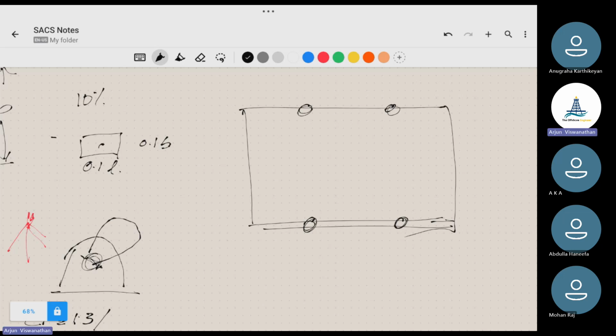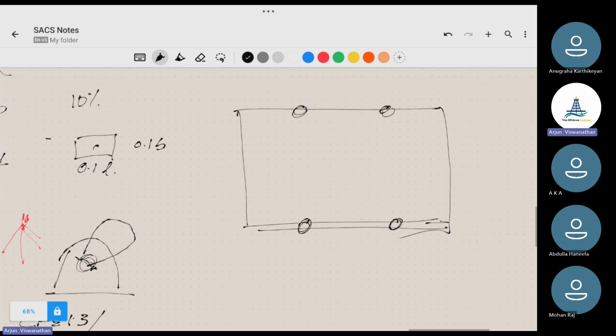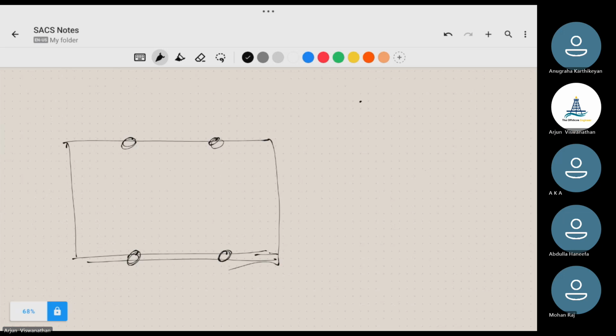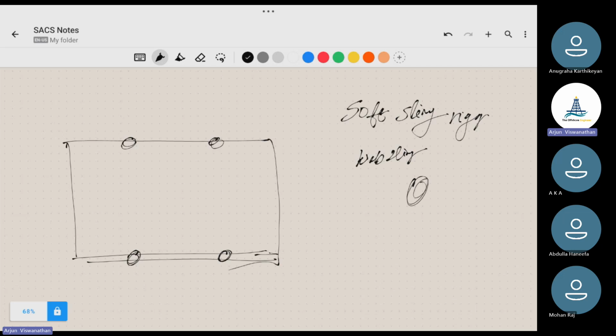Now, if I want to connect these lifting points, as you may have seen in some installation operations, they have something called soft sling rigging or web slings. Even for wire slings, they will have a master link. From the master link, they will have sub links and connect the wire rope.